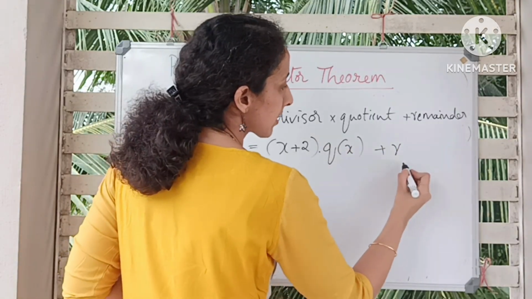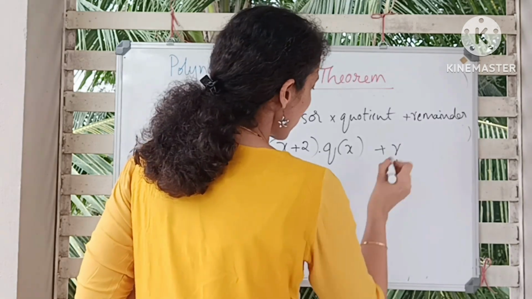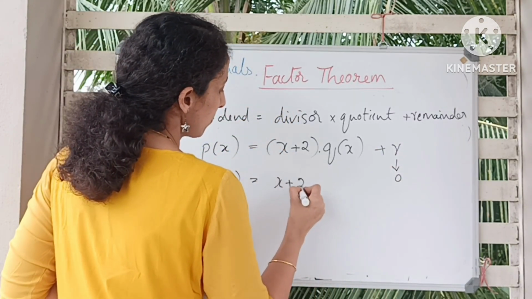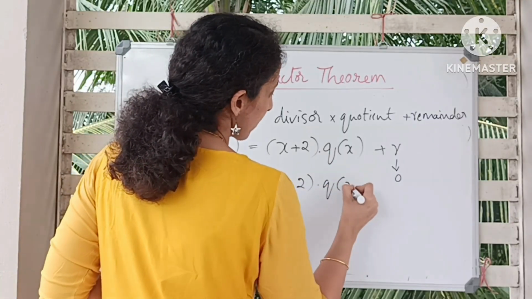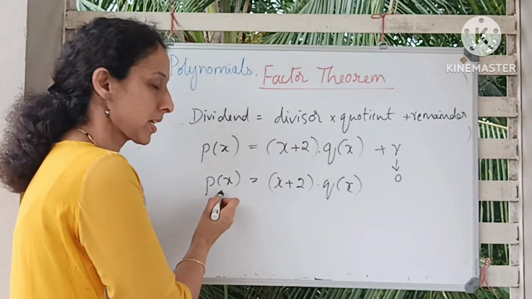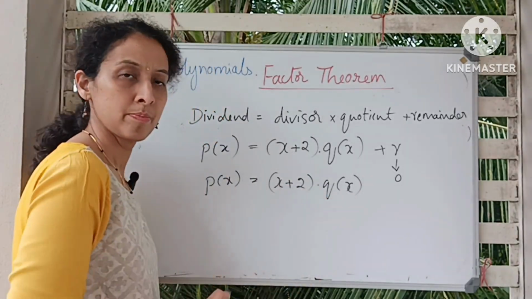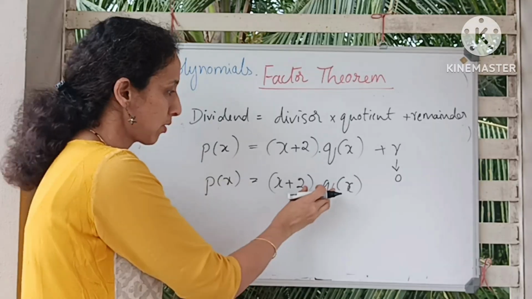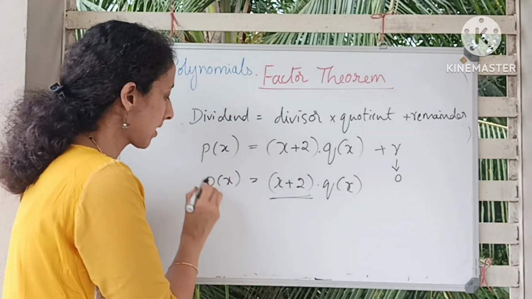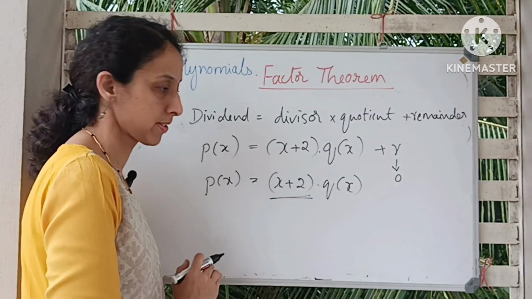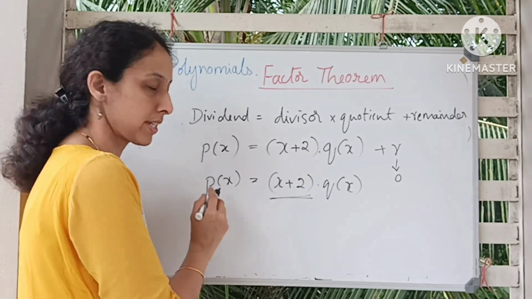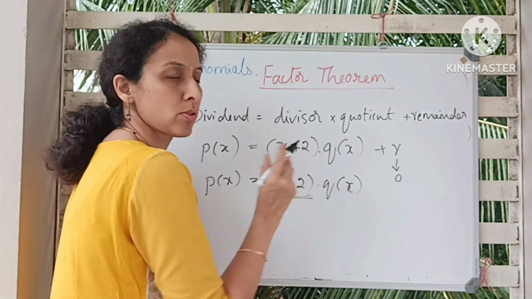We have seen remainder in this case is 0, so we will just say p of x is equal to x plus 2 q of x in this case. So when we express p of x as a multiple of these two, we can say x plus 2 is a factor of p of x. Because we got the remainder 0, x plus 2 has fully divided p of x, giving the quotient q of x.